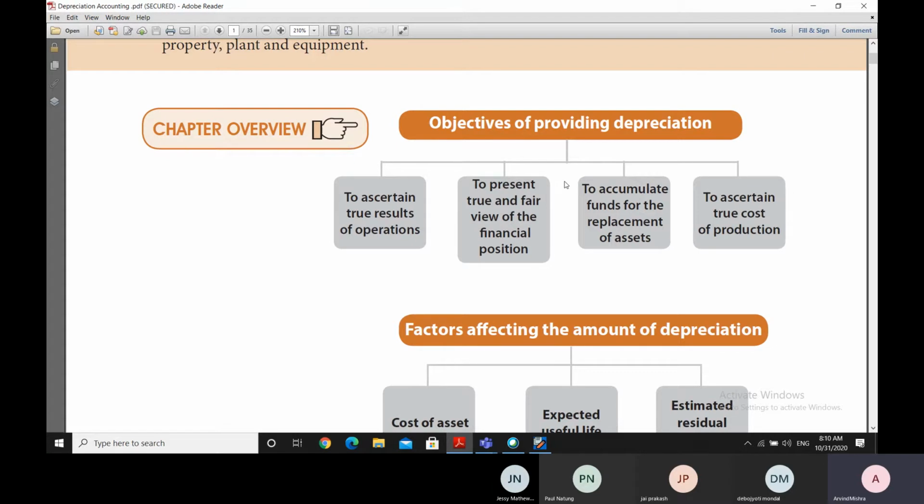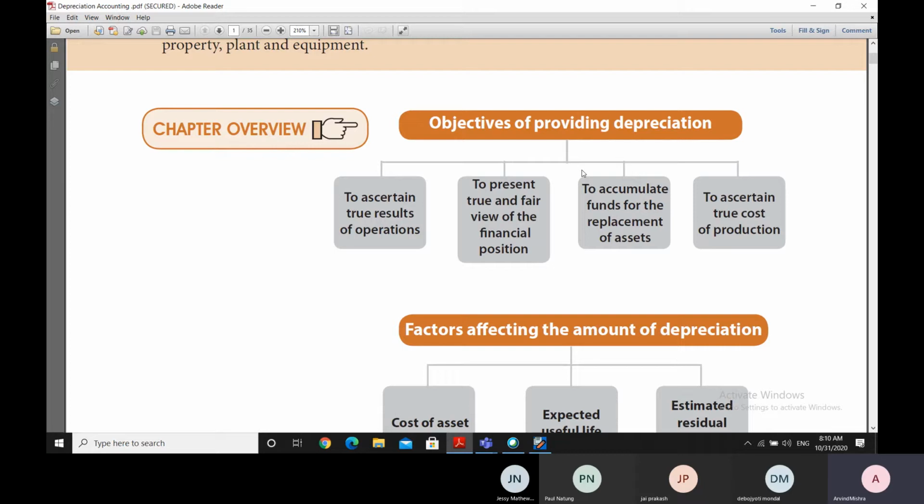It is always better to start accumulating the funds as we are making profits, so that when the time comes, we have adequate funds to replace the worn out assets or those assets which have lived their life already. So we provide depreciation, and we make provisions in our accounts so that we accumulate the funds for the replacement of the assets when they complete their life.